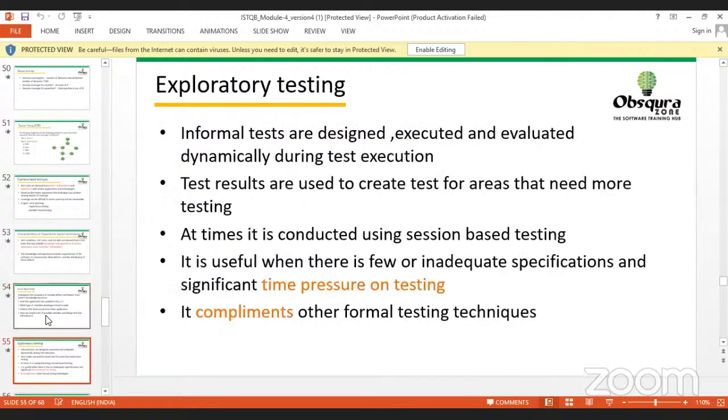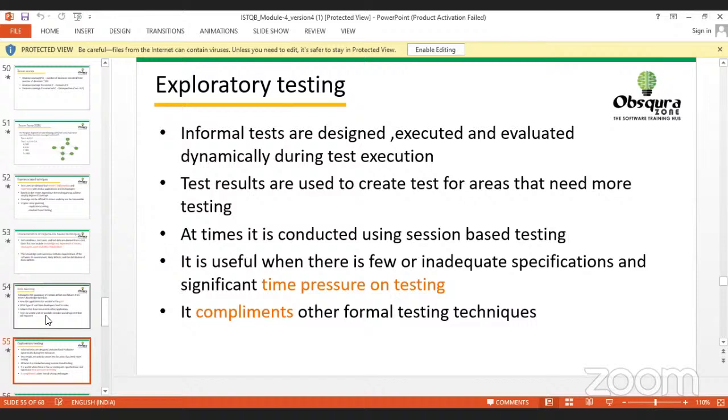Now next is exploratory testing. Exploratory testing means you explore an application with no predefined tests. That is, informal tests are designed, executed and evaluated dynamically during test execution. Test results are used to create tests for areas that need more testing.